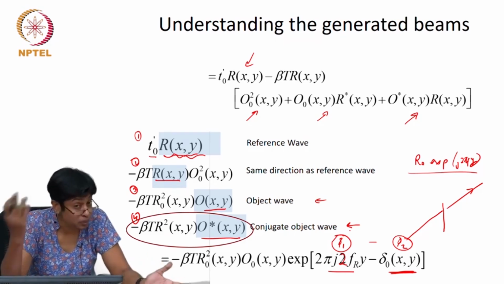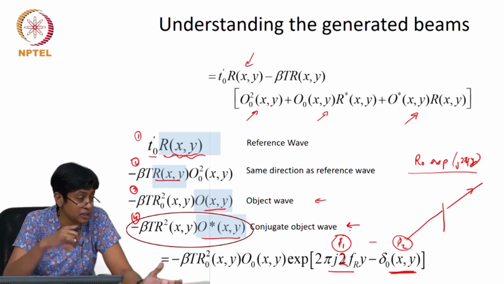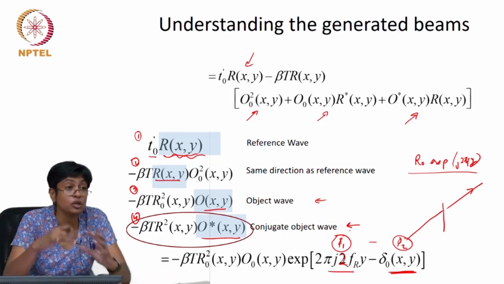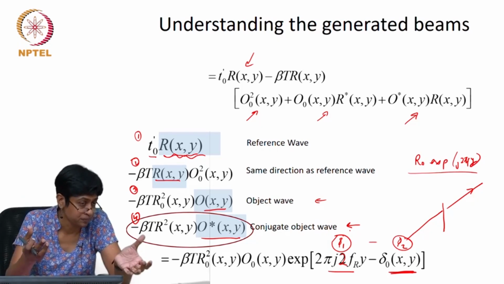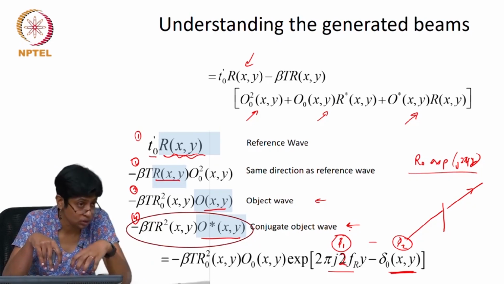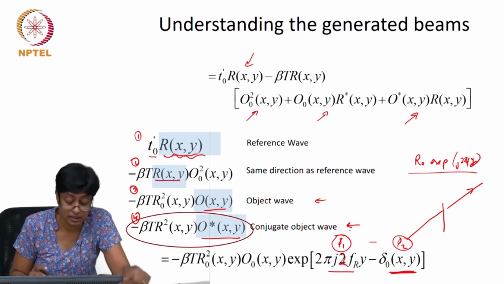So, what was our starting goal with holography? We wanted to capture the phase of an object so that we could reconstruct that object and get the full 3-dimensional view. What this expression is telling us is that yes, I can do that. I generate a beam that has the object information in it.